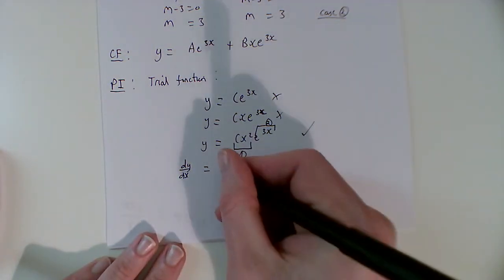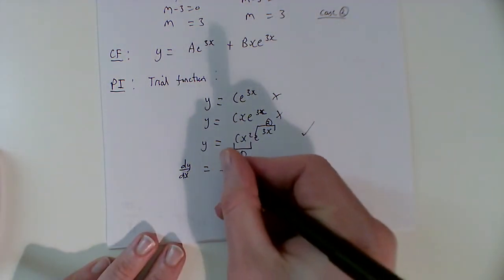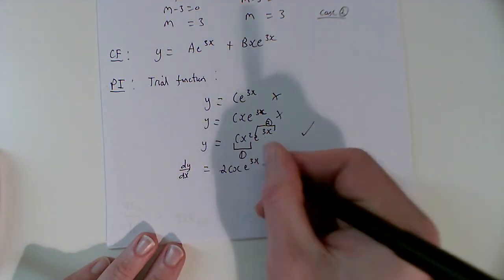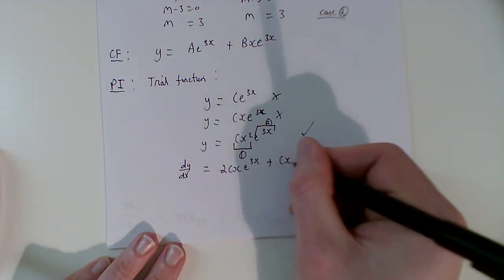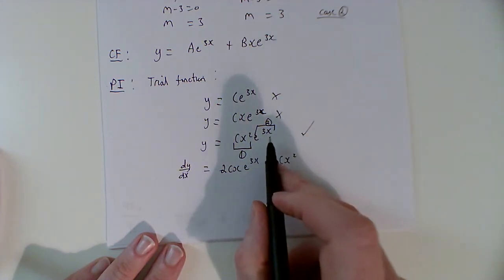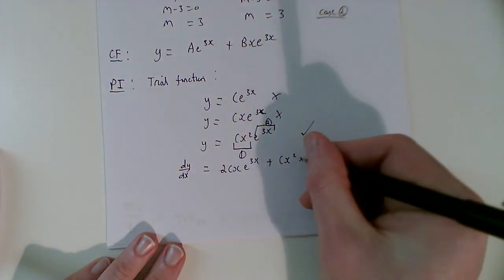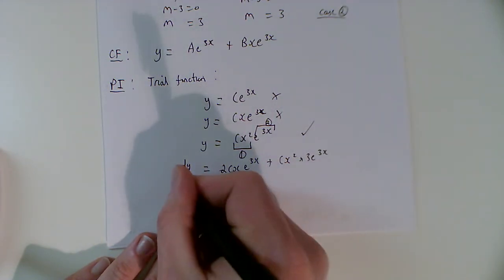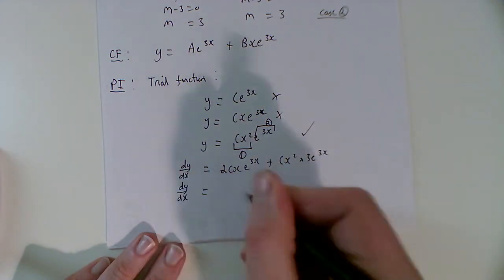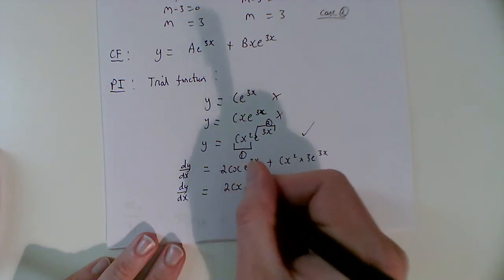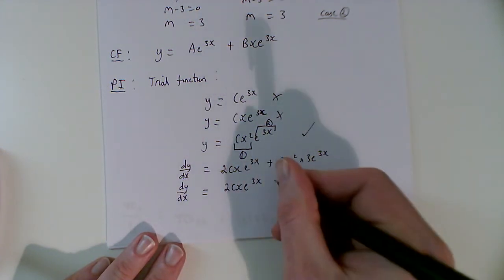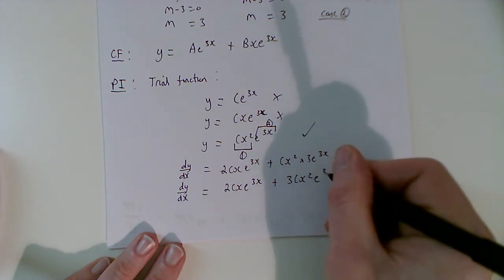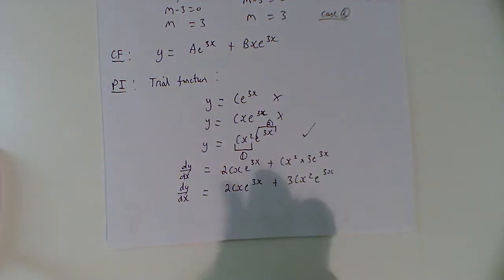So 1 differentiated is 2cx, times 2 left alone, plus 1 left alone times the derivative of that bit, which is 3e to the power of 3x. So dy by dx is 2cx e to the power of 3x plus 3cx squared e to the power of 3x.